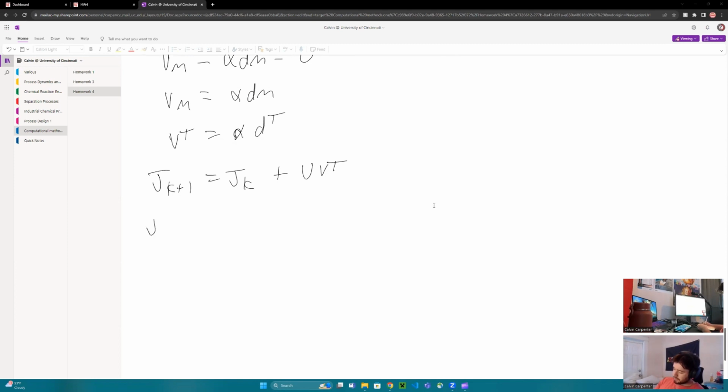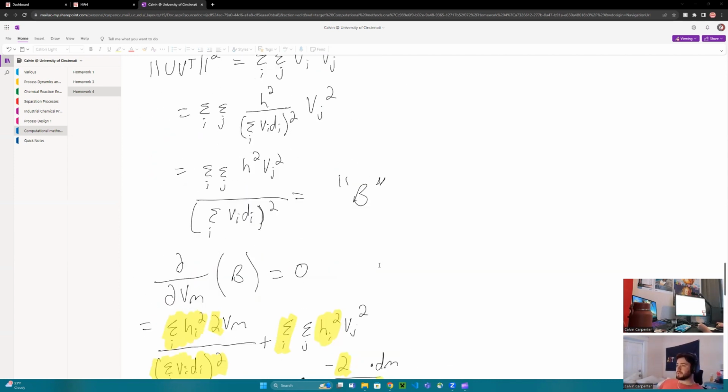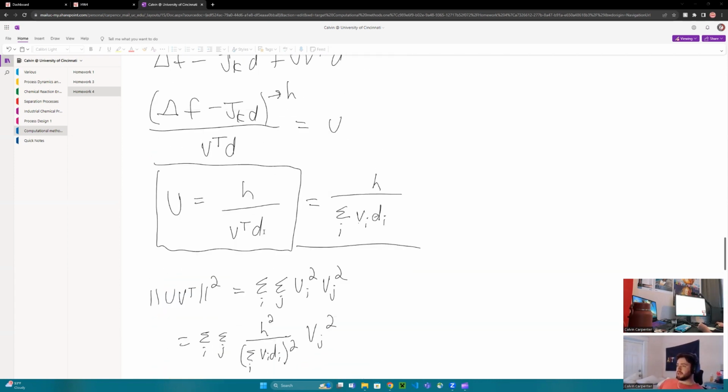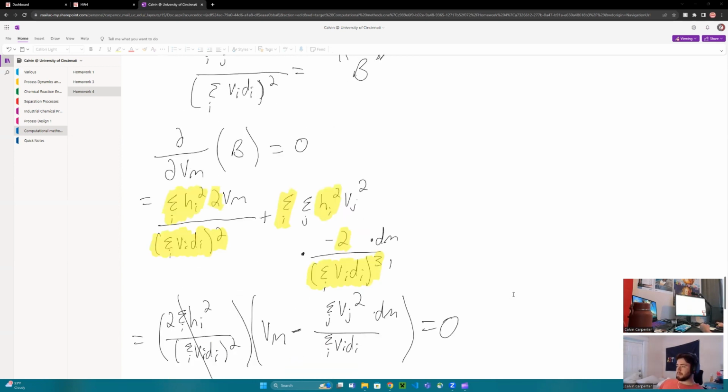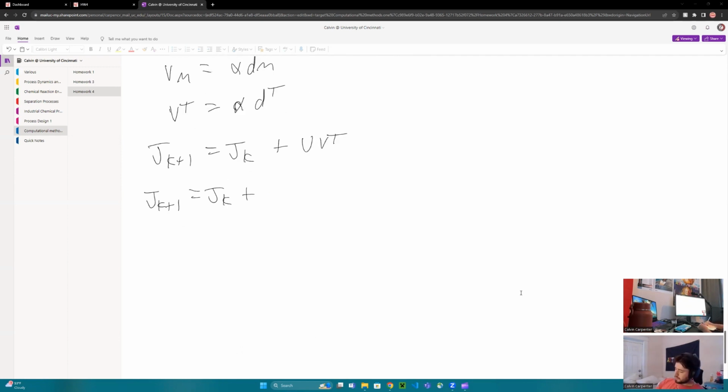JK plus 1 equals JK plus, and what was our U? It was h over VTd. That times VT, which is alpha dt. So substituting that h back in, I'm recording, right? I know I've checked this like 30 million times.